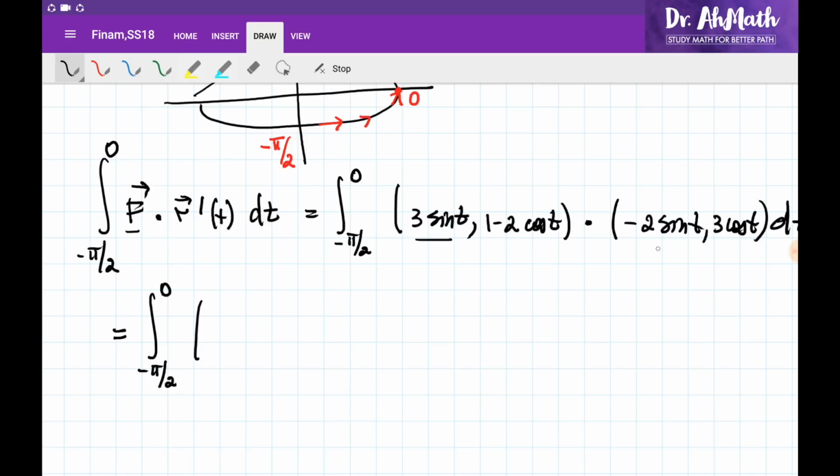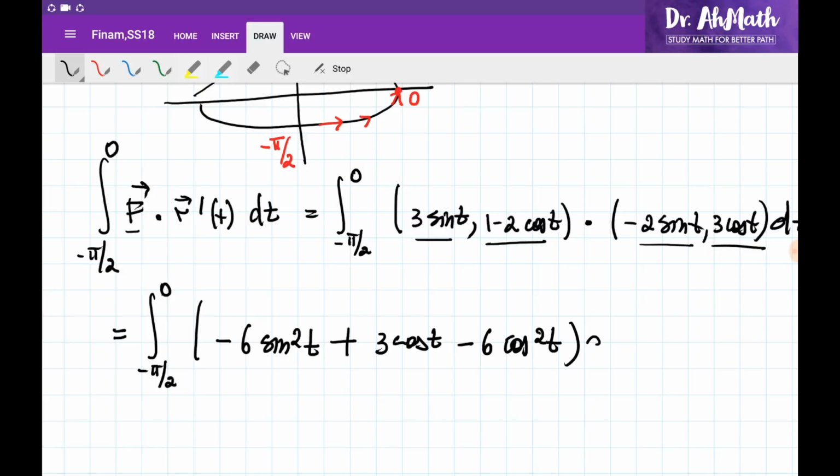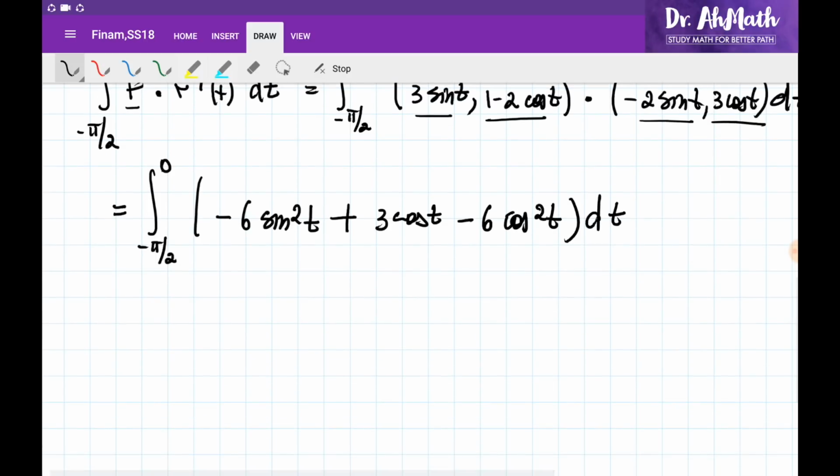The first components give us minus 6 sine square of t. Then the second component multiplied by the second component of this vector, and we sum them. It's going to be 3 cosine of t multiplied by 1, which is 3 cosine of t simply, minus 6 cosine square of t. And we'll have to integrate this with respect to t.